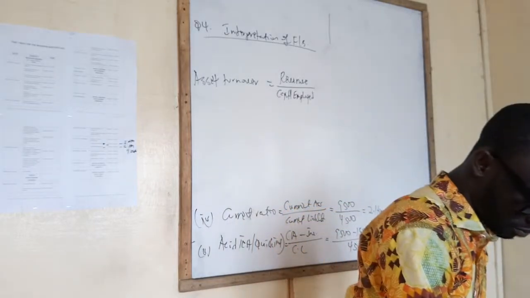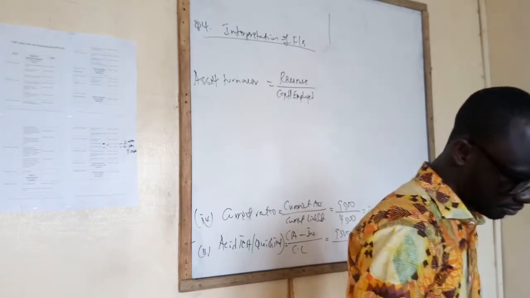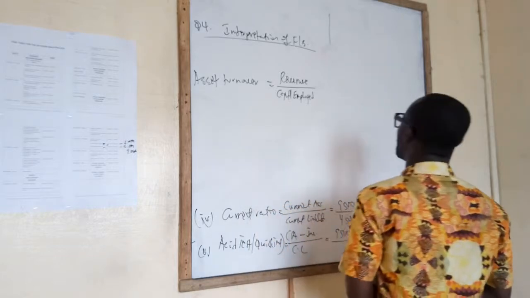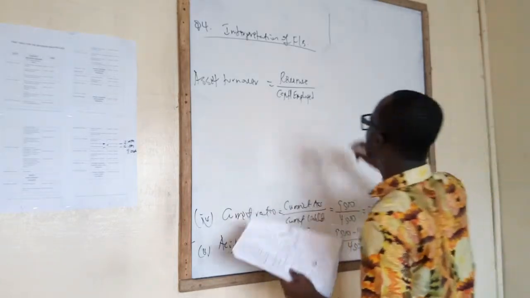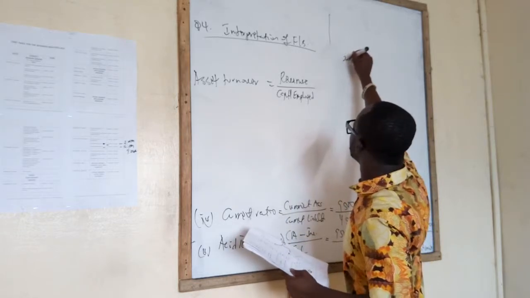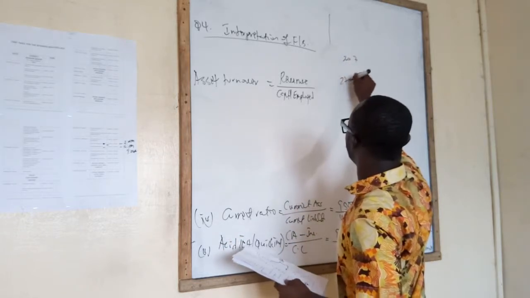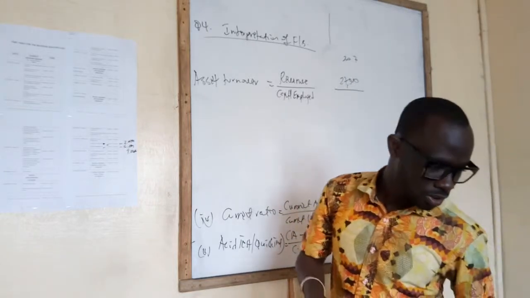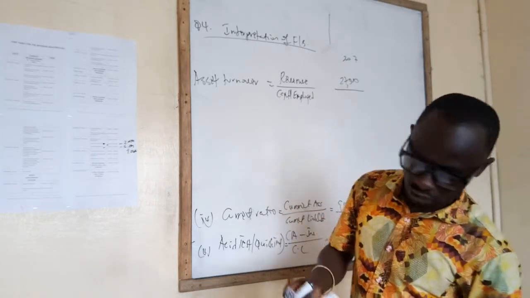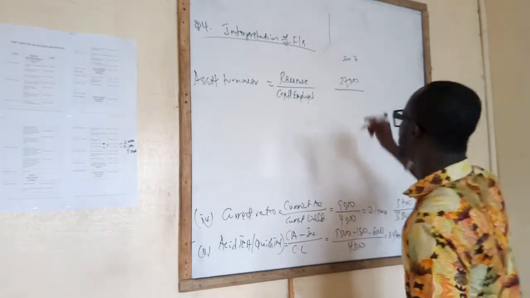So let's go. Revenue for 2007: 27,500 over capital employed. We have already done the workings for it also: 16,500.